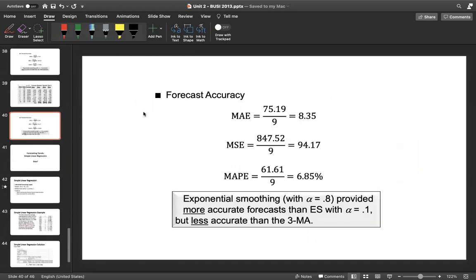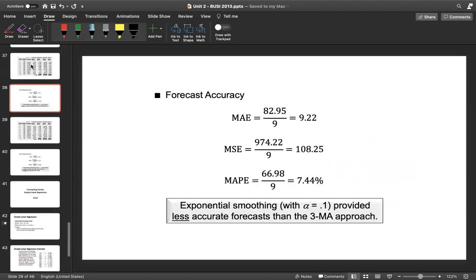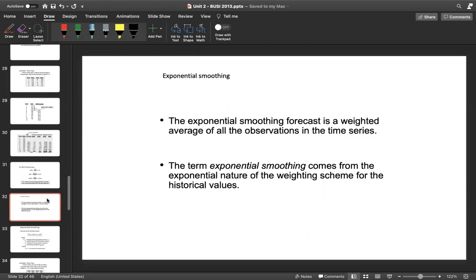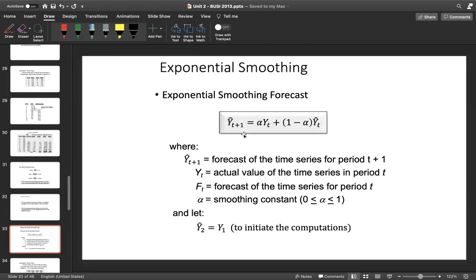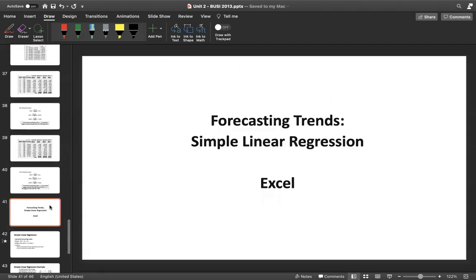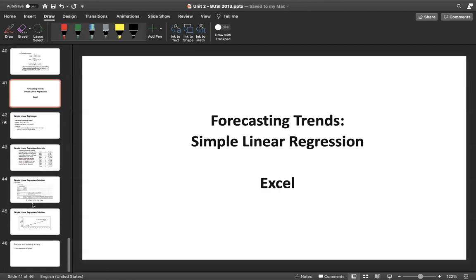So instead of having a formula just like that, okay, let me find that. Remember that in exponential smoothing, the formula was that. And over there in regression, the only change is that we get the formula from the computer.